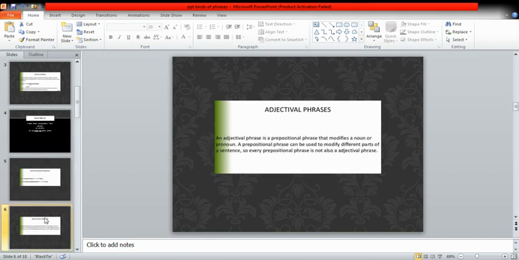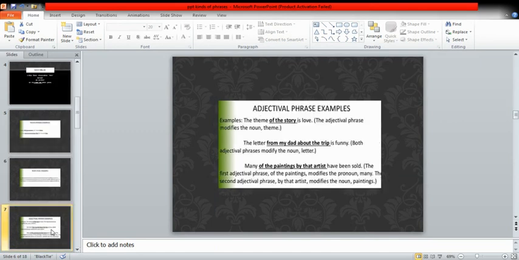Then we come to the next kind, and that is the adjective phrase. What is an adjective? An adjective is a word which describes a noun or a pronoun in a sentence. The same is the case with an adjective phrase: it modifies or describes the noun or some pronoun in a sentence. Then we have some examples.